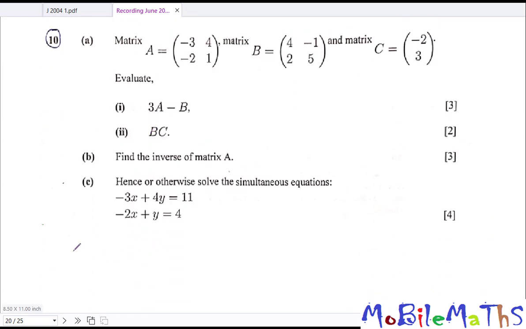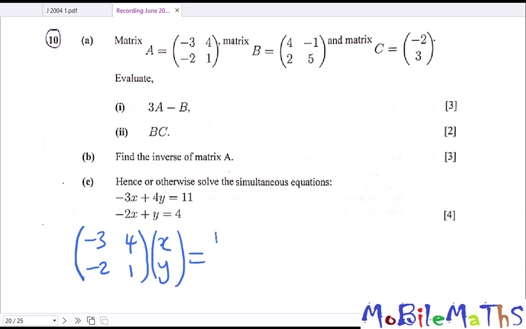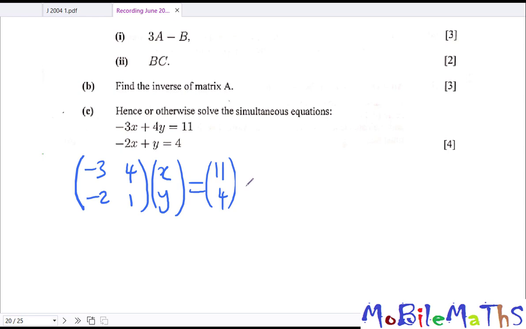Okay, so I will rewrite, this is minus 3, minus 2, 4, and 1, and we have our X and our Y, and we are saying this is equal to 11 and a 4. Okay, fine. Now, to simplify this, I have to find the inverse of this matrix, which is basically our A, and we got our inverse as 1 over 5.